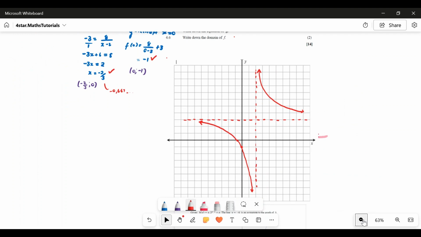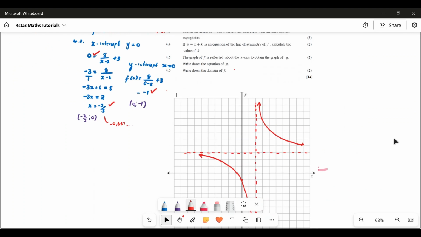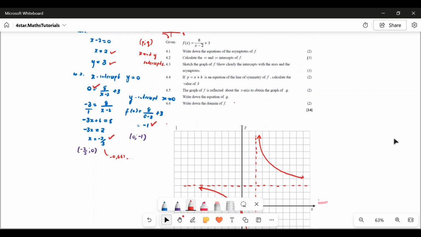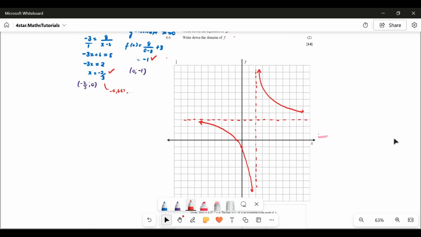Then let's check the question. Sketch the graph of f, show clearly the intercepts with the axes and the asymptotes. Let's show them. So we're having the y asymptote, y is equal to 3.